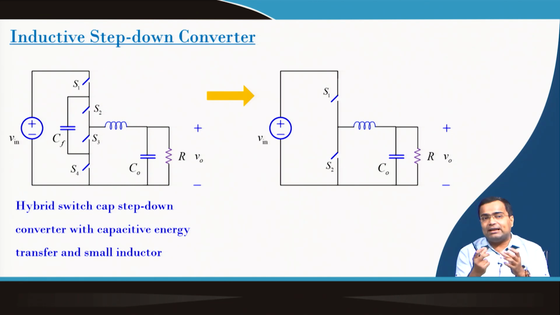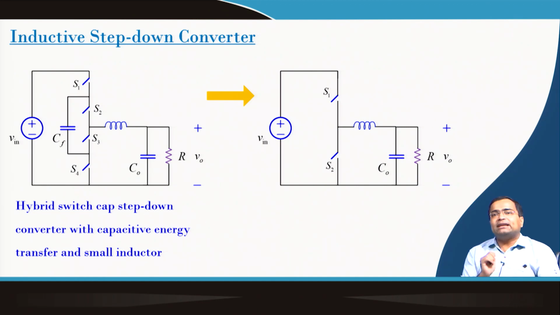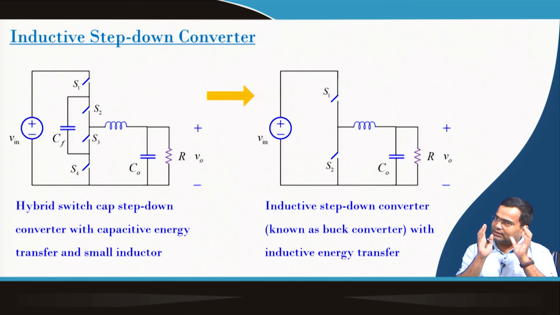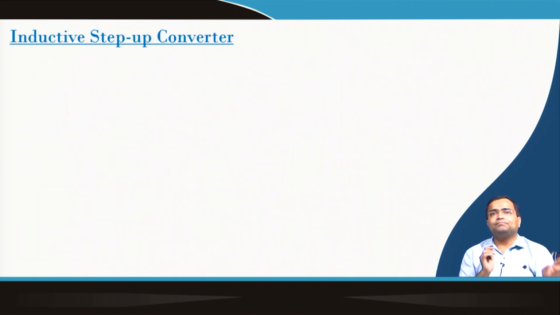That means the smaller inductance can allow us to go for higher switching frequency. So, with a pure inductor, these are known as inductive step down converters or buck converters, which are a good example of a switch mode power converter.